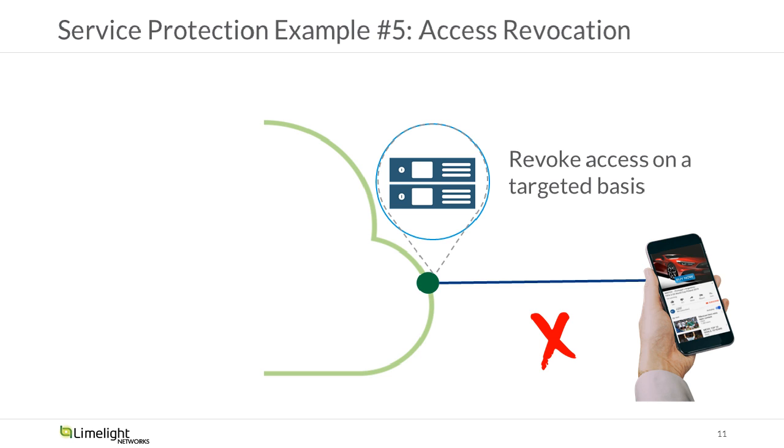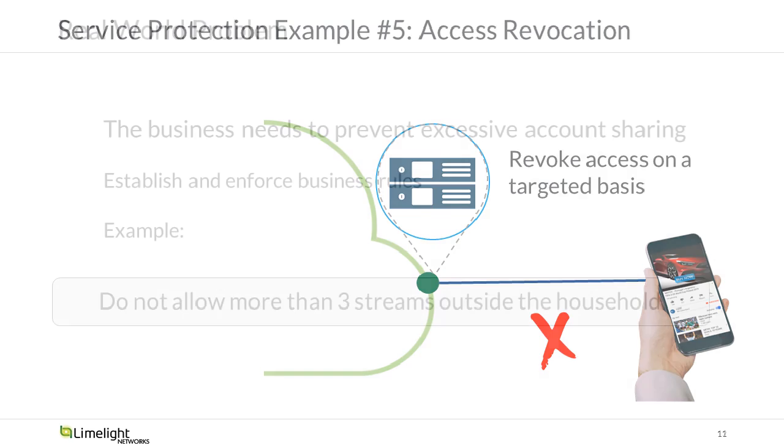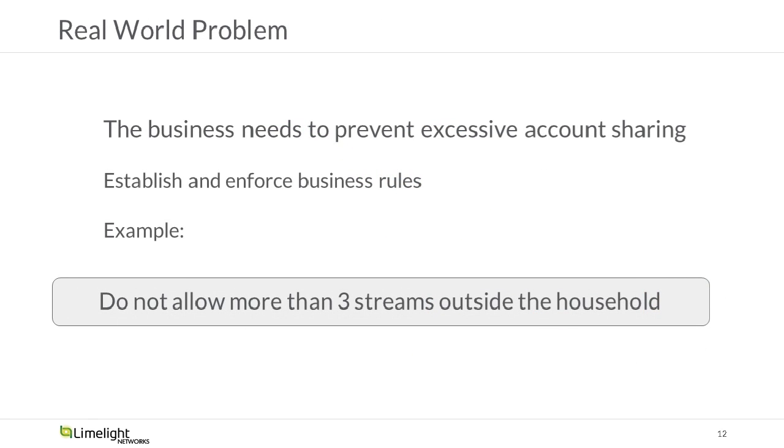Interestingly, we exposed a few examples, but you can combine all of those service protection techniques. So let's take a look at a real world problem. The key here is to first define your business rules, which you will then be able to translate into technical terms: the architecture and the algorithm you will use.